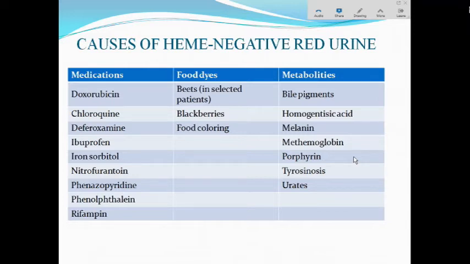Rifampicin, as you know, always gives an orange color, but a reddish orange color. Foods like beetroot: when you eat too much beetroot, you may have a slightly reddish discoloration of urine. Blackberries. Apart from that, other metabolites which can cause reddish discoloration are methemoglobin, porphyrin, tyrosine, urates and bile pigments.